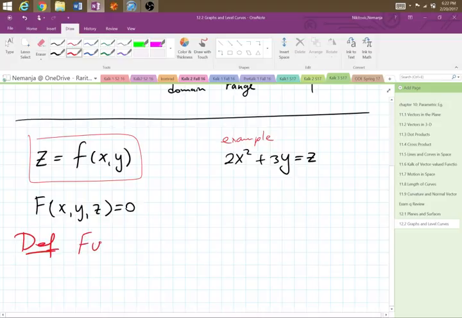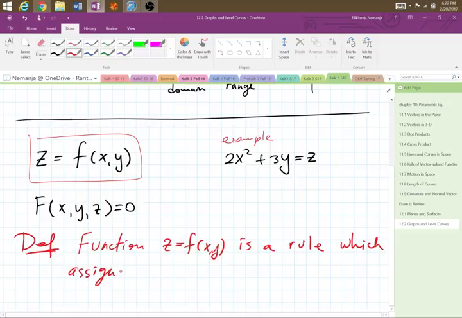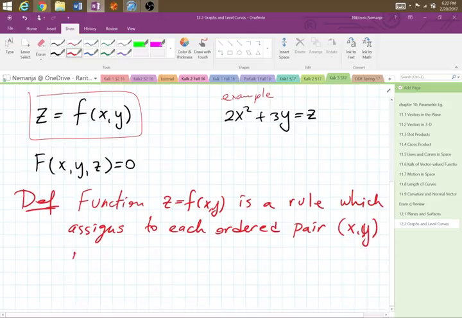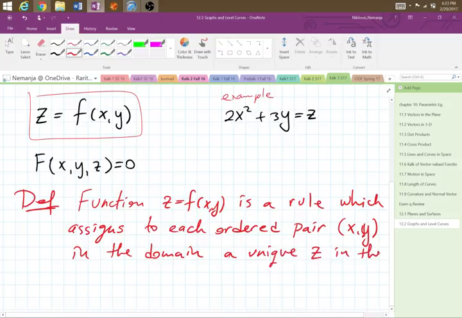A function is a rule, so function z equals f of x, y is a rule which assigns to each ordered pair x, y in the domain a unique z in the range.